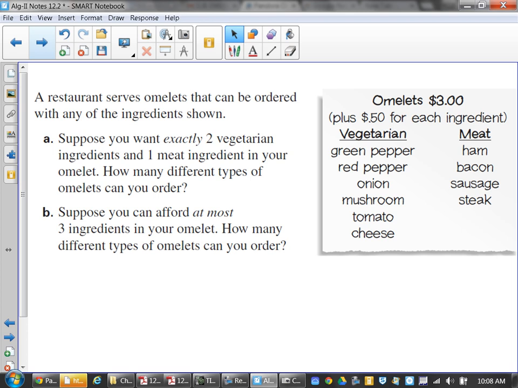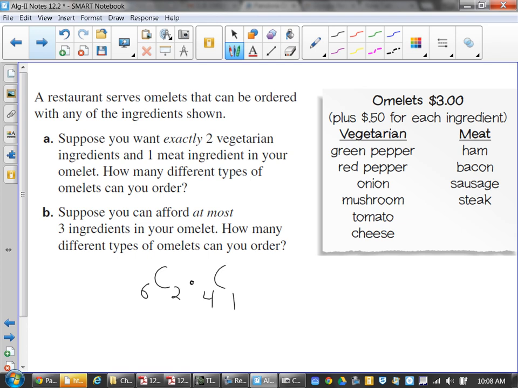Now in this case, you want exactly 2, so you're going to choose 2 of the vegetarian. How many veggie options are there? 6. So it's 6 choose 2. And you want to multiply that by choosing how many of the meat ones? 1 out of 4. So it'd be 4 choose 1. I know you want to say it like that. It's 1 out of 4. You want to choose 2 out of 6. But remember, there's 6 of them and you're choosing 2. The lingo as you get into it is how it's going to work.